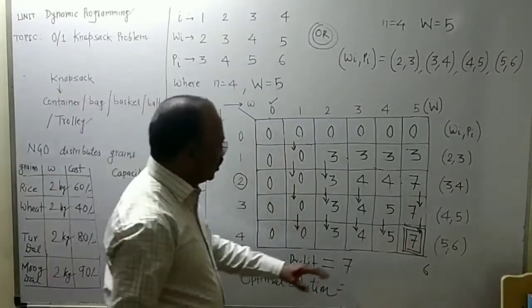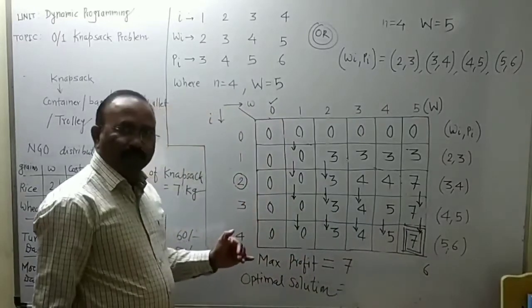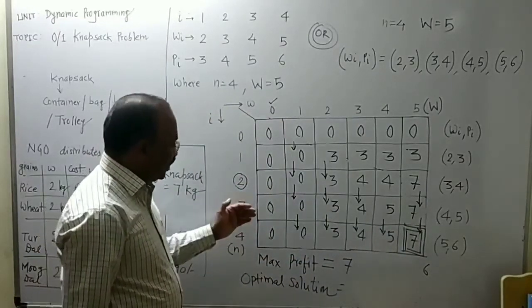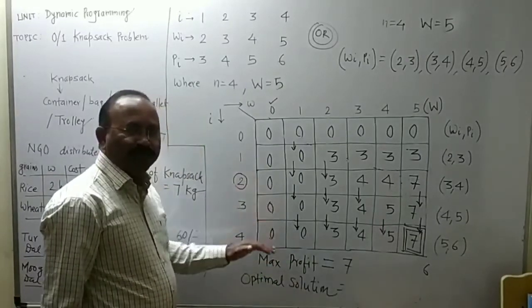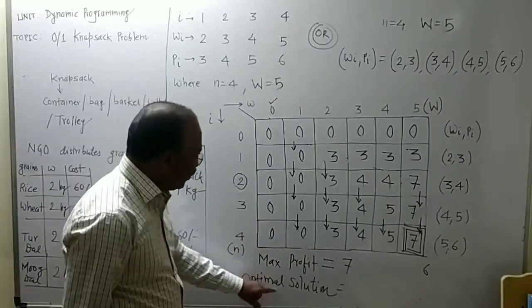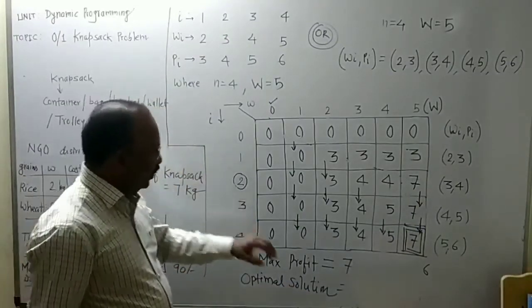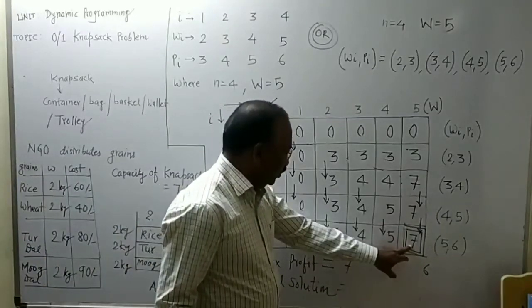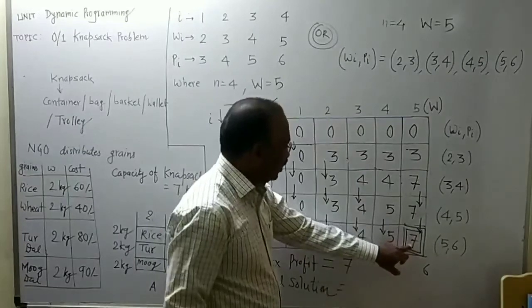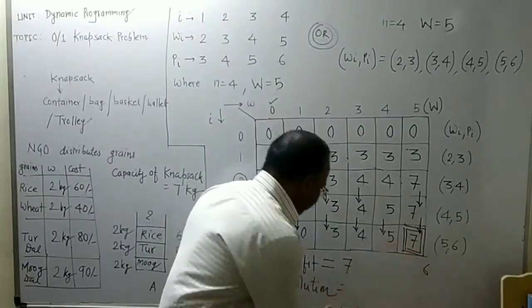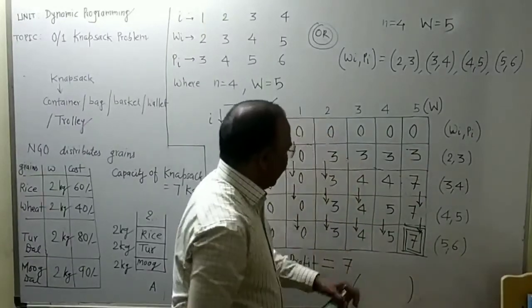Now once we have got the maximum profit, we have to find out which objects are included in the optimal solution and which objects are not included in the optimal solution. Now let us start from this cell to include or not include the objects in the optimal solution.